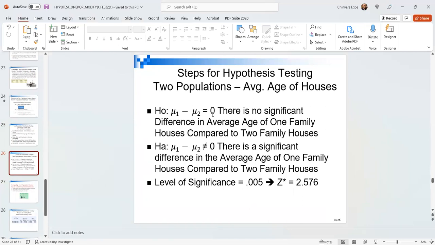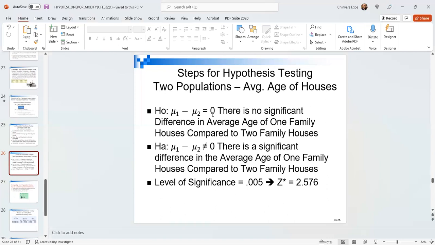Okay, so you say there is no significant difference in the average age of one family houses compared to two family houses. Now, when I test you, I want you to be able to use language precisely. It's very, very, very important.